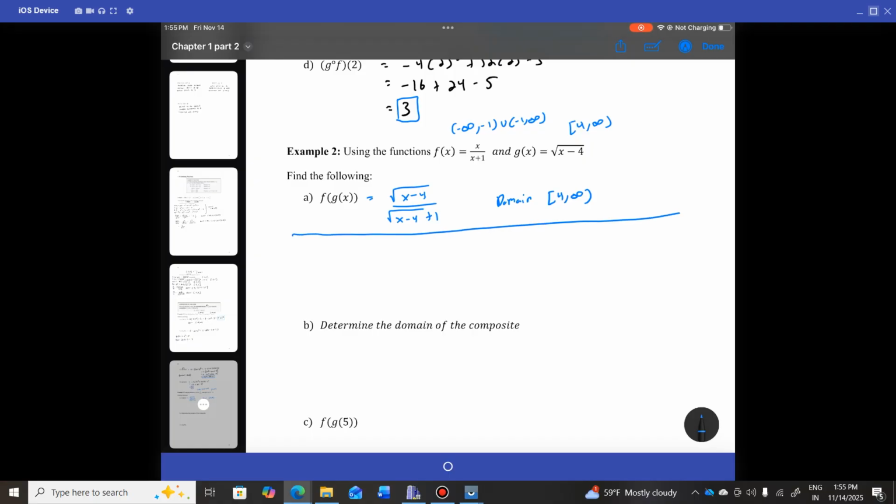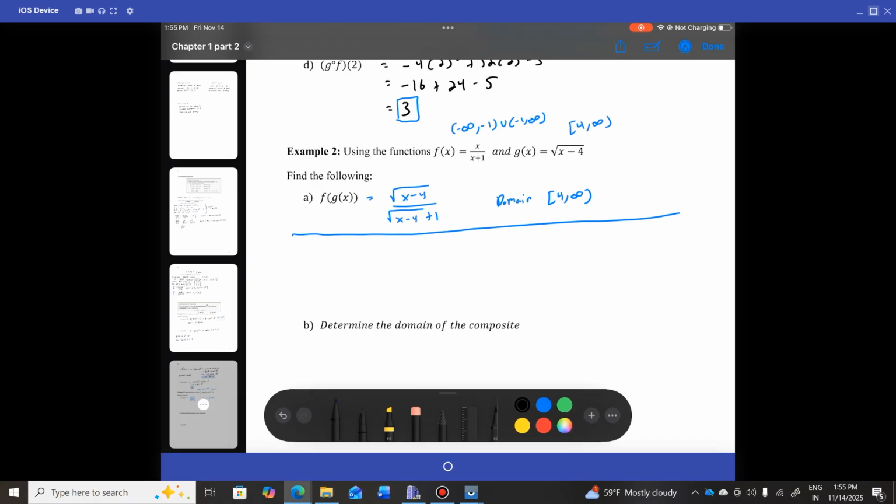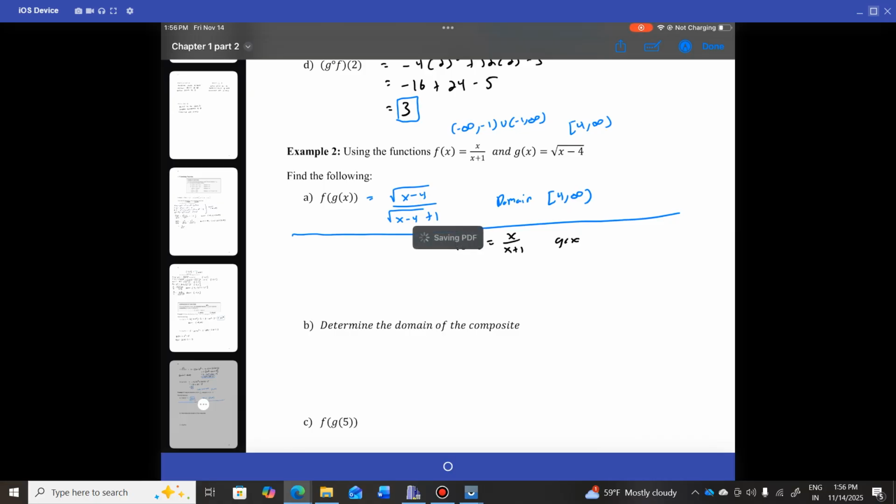Let's say f of x is equal to x over x plus 1, but g of x is equal to square root of x plus 4.